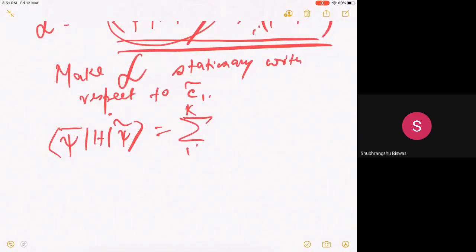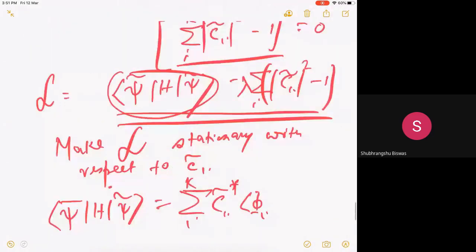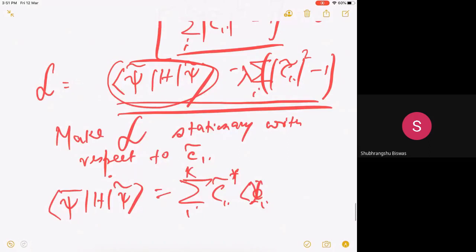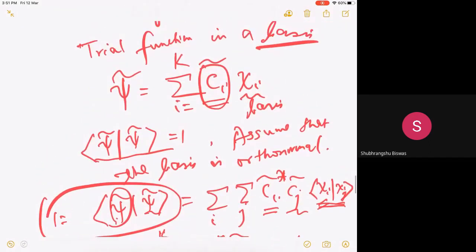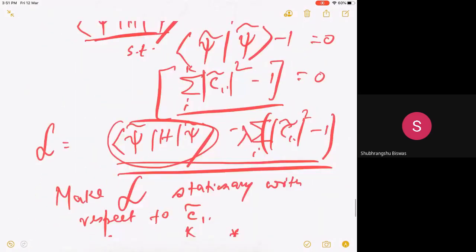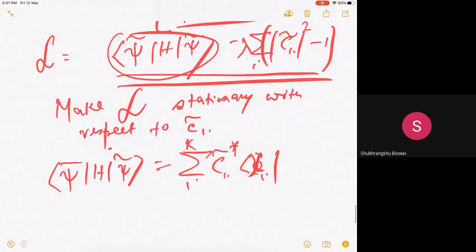Sum over I equal to 1 to k, ci tilde star, chi I. I have taken this as my basis function, chi I. So left chi I, then you have h. Then expand psi tilde with another index j. It will become cj tilde chi j.